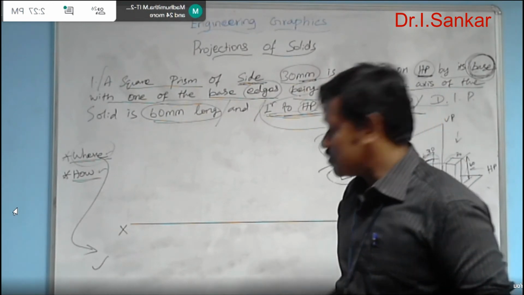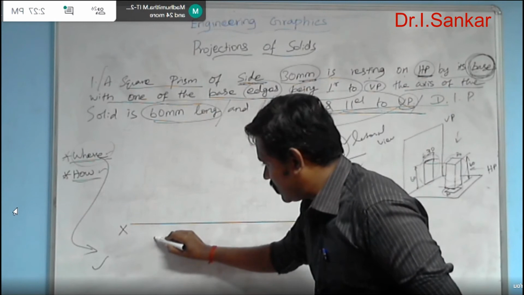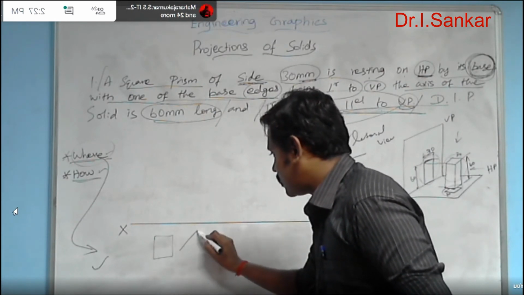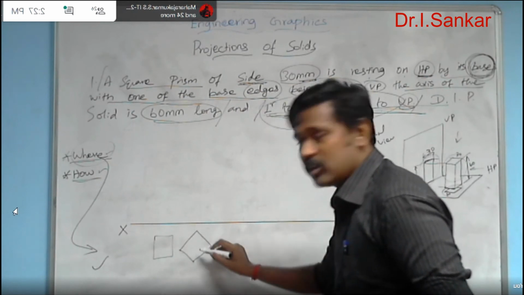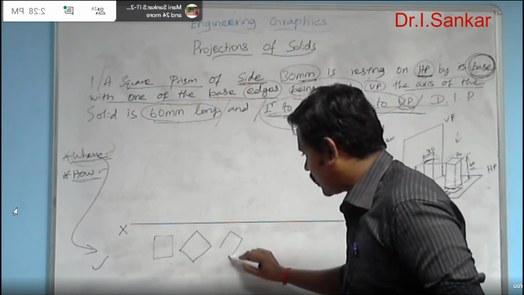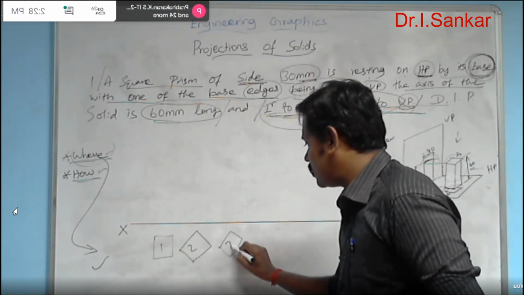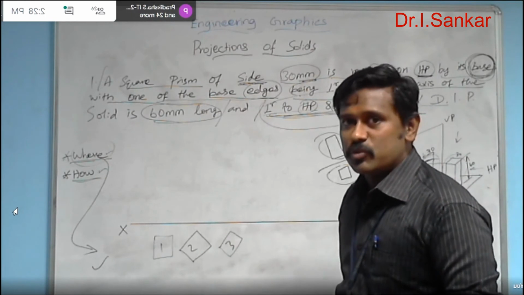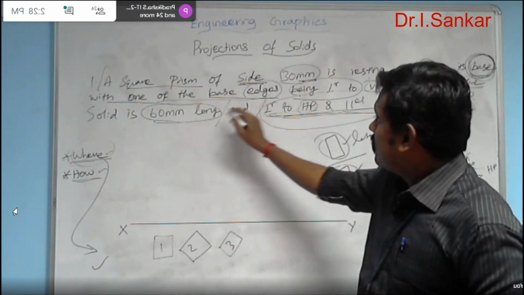And how should be the base? Because a square base can be drawn in any way. In this way you can draw, and in that way you can draw, or in some specific inclined way also you can draw. Case 1, 2, 3, these three are possible. So which case is better for this question? It's given in the question.